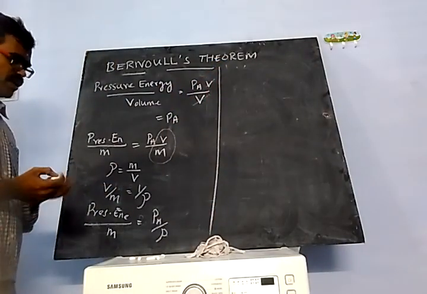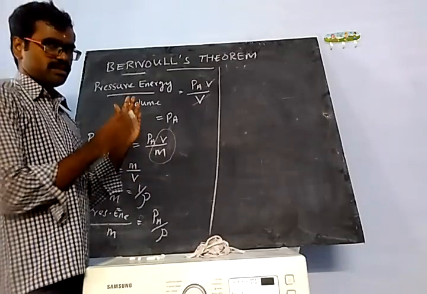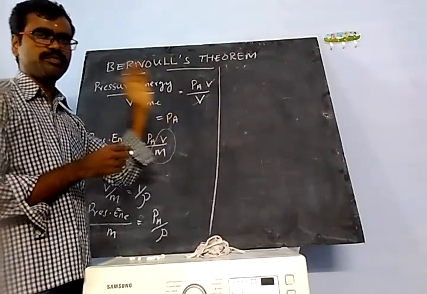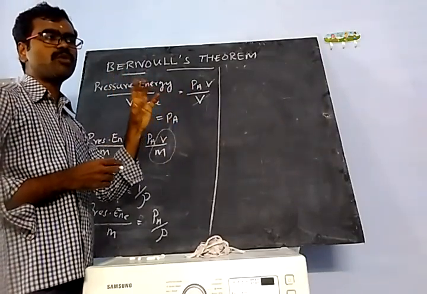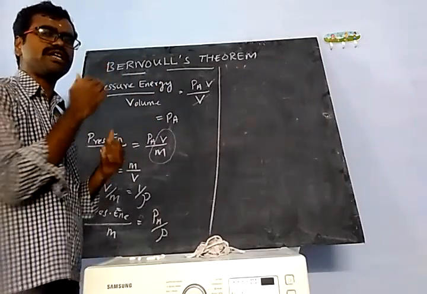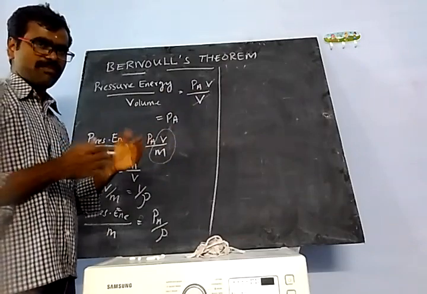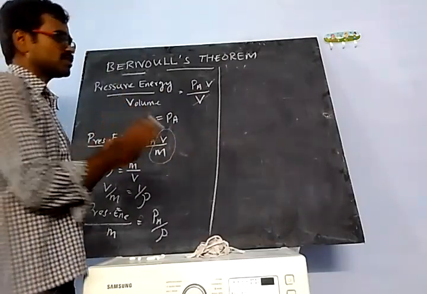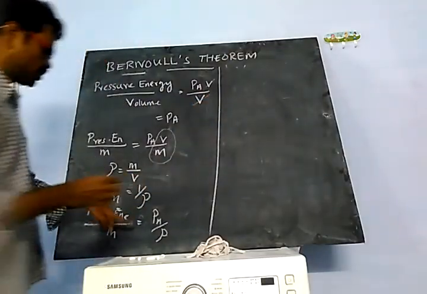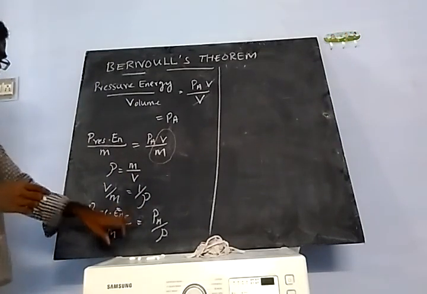Next, when the liquid is flowing from point A to B, some amount of liquid mass is included. So for the mass of the liquid, you can multiply with m and divide with m.